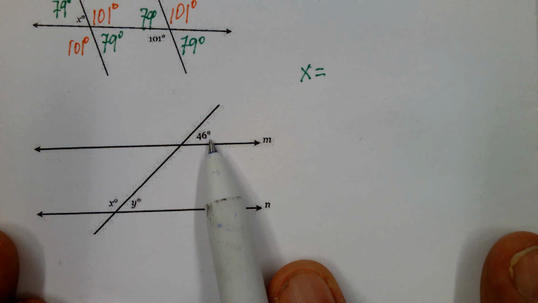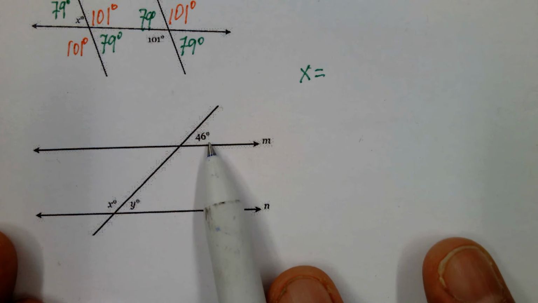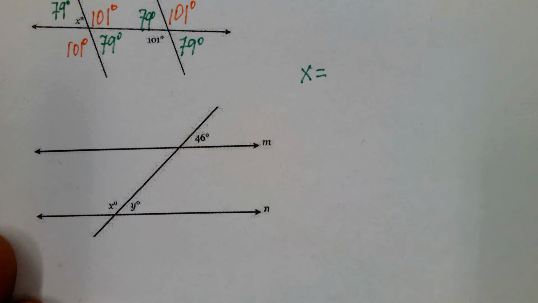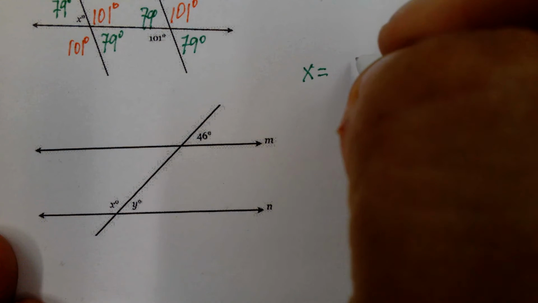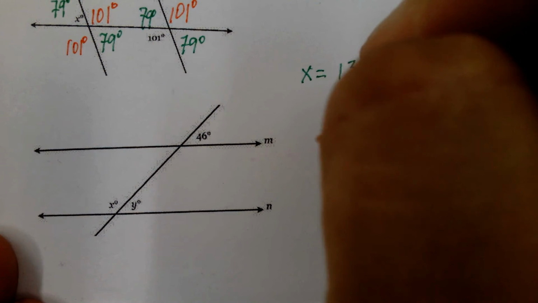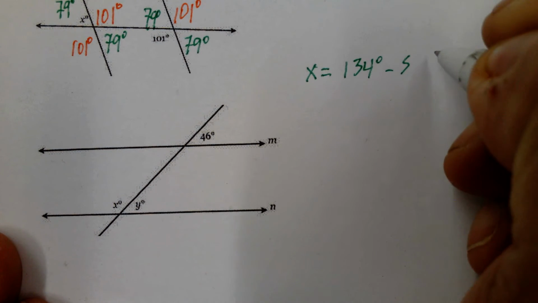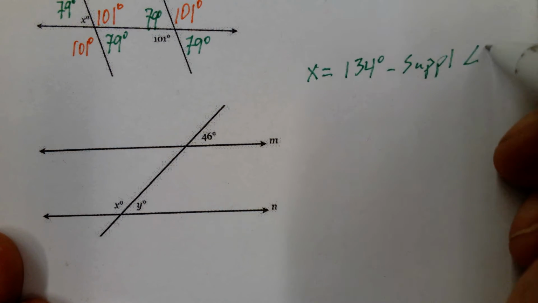They should look the same size. And they are obviously different sizes. So if they're not congruent, they're going to be supplementary. You have an obtuse and an acute, so you want 180 minus 46. So that's 134, and that's supplementary angles.